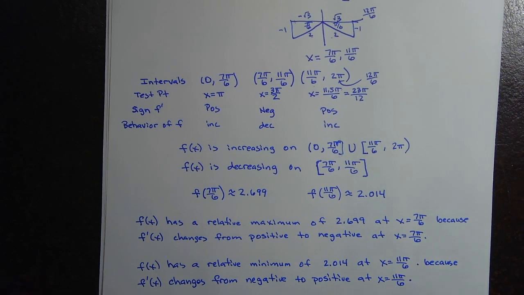All right, and so that's the end of the second example. But you have to make these two statements to justify why you have a relative max and a relative min.